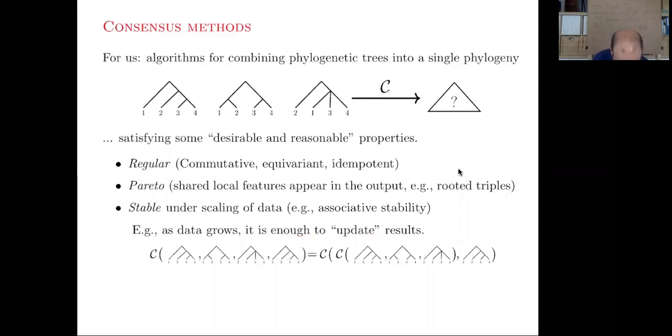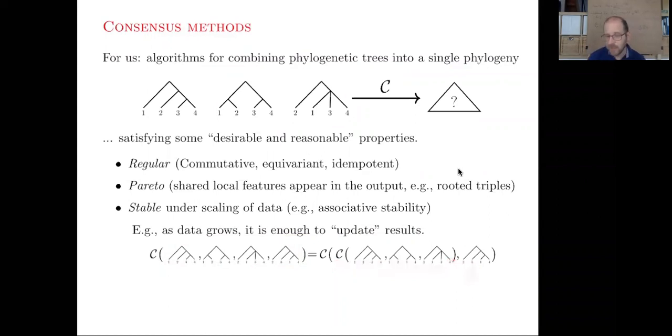So if I now don't have only 3 trees, but I have a 4th one, I want the whole computation to have the same result as my old consensus tree updated by my new data.